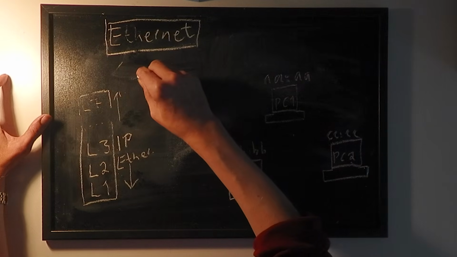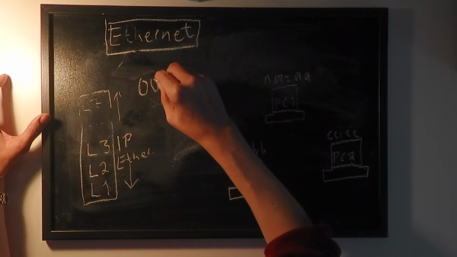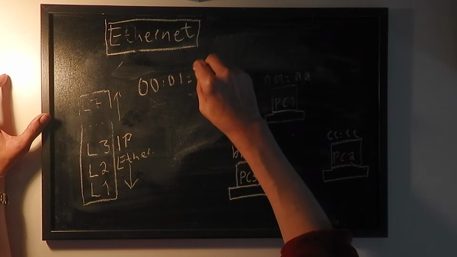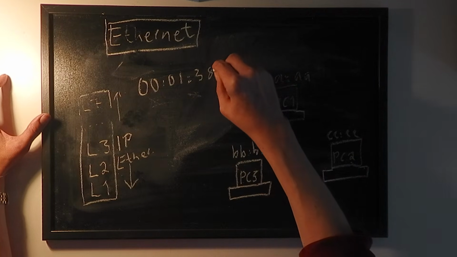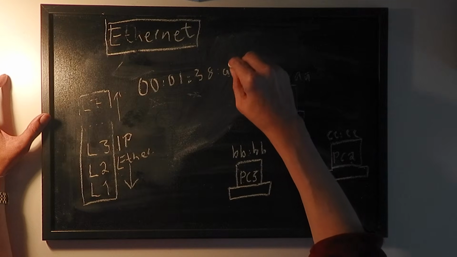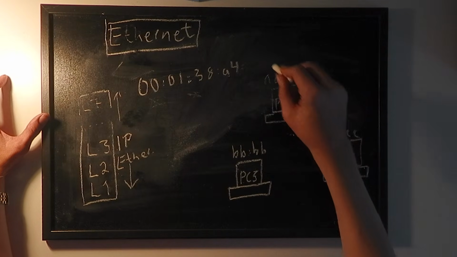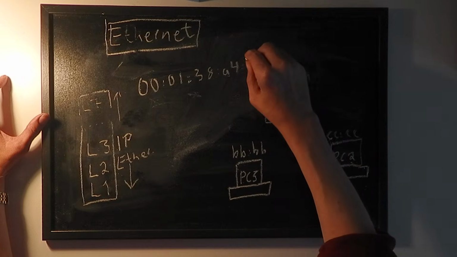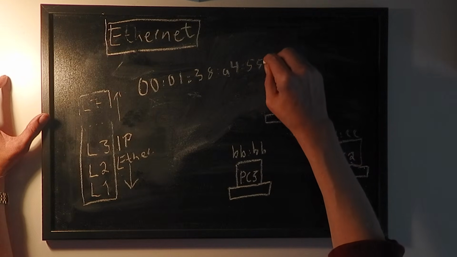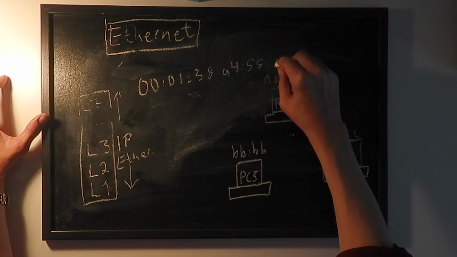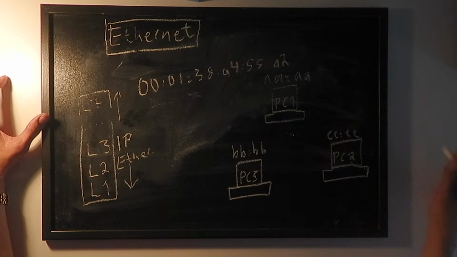An actual MAC address looks something like this. We have a total of 6 different fields, often depicted with a colon in between. And each field consists of 2 hexadecimal digits.